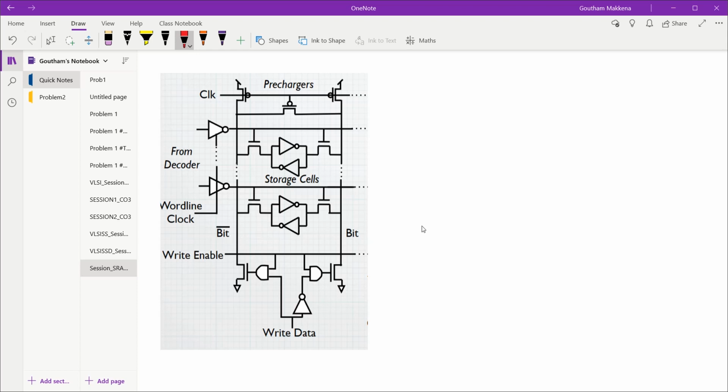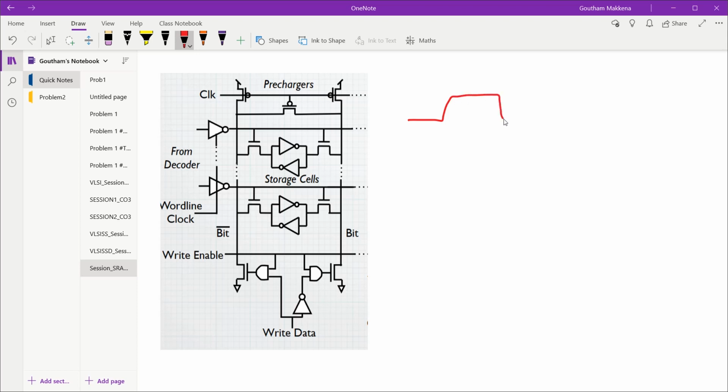Again, it all starts with the clock. The pre-chargers, the write drivers, the read sense amplifiers, the address decoders, everything has the same clock. Everything runs on the same clock, as we have seen in the previous video.